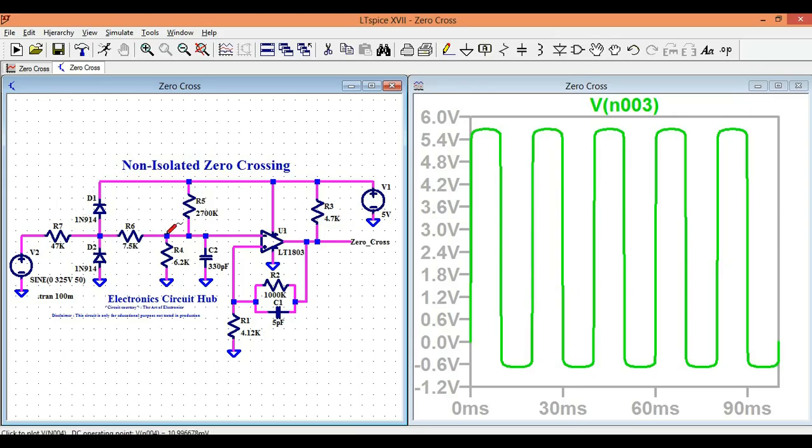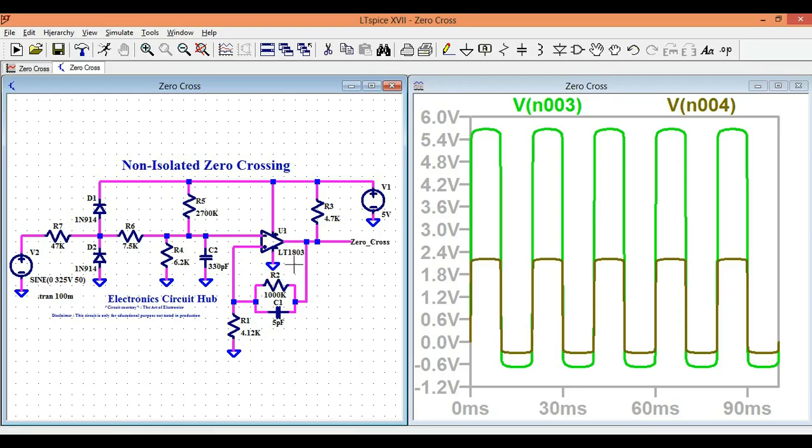Now if you look at the voltage at this node, because of the resistor divider, your voltage is reduced further. Now the peak voltage is 2.1 volt, and here I can see minus 0.26.